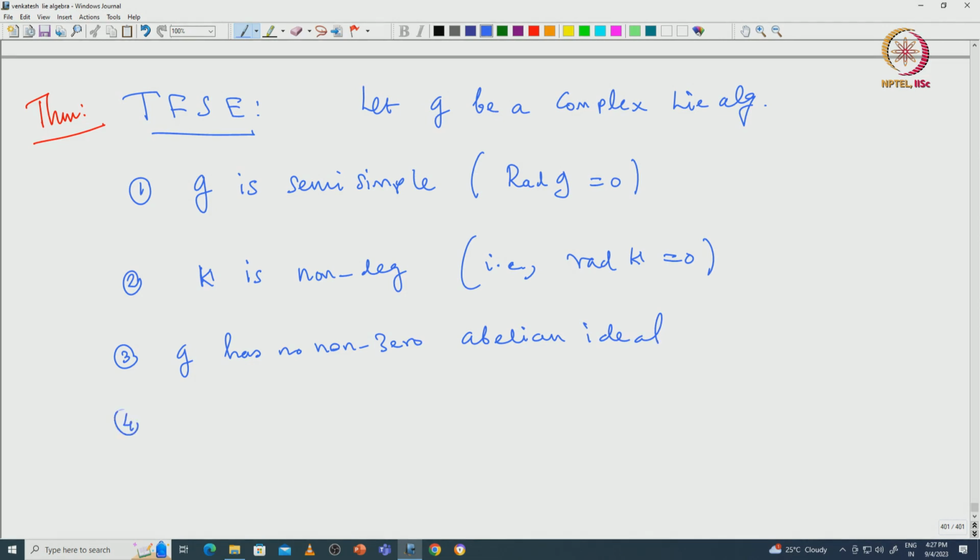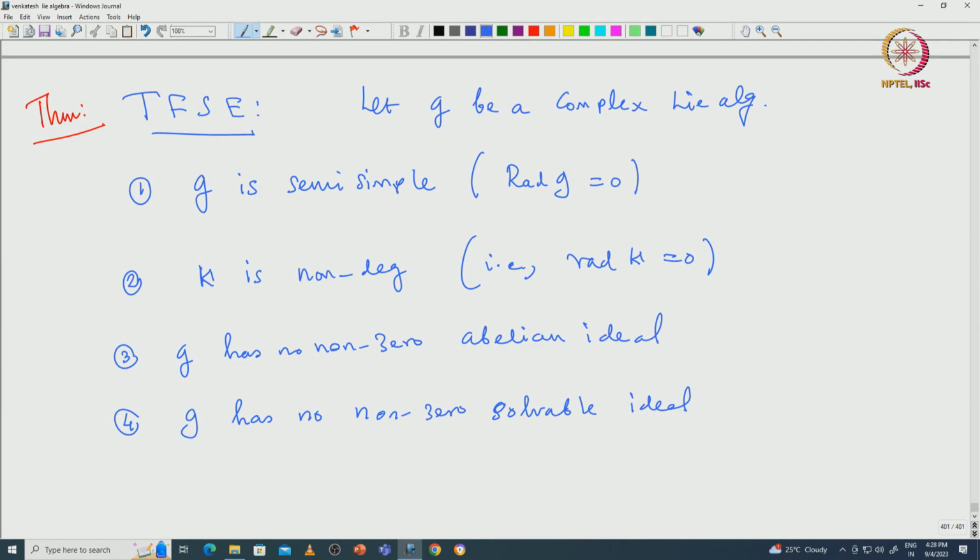And the fourth condition is again we can rewrite this non-zero abelian ideal as a non-zero soluble ideal: G has no non-zero soluble ideal inside G. We already proved that 3 and 4 are equivalent, so we will only prove that the first 3 are equivalent.